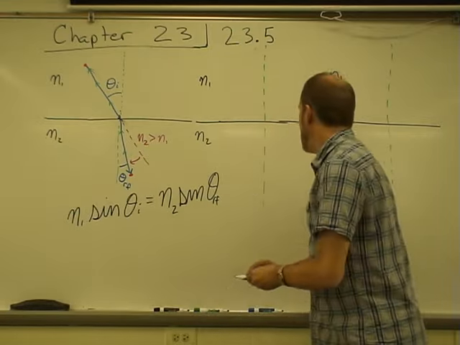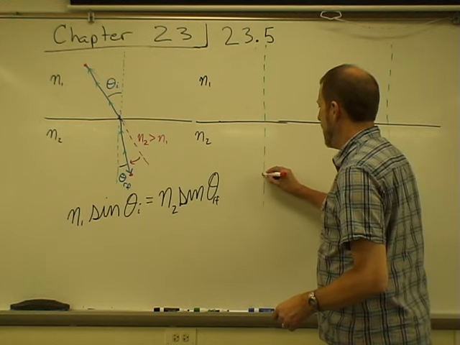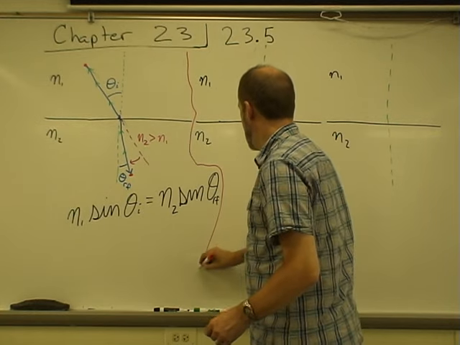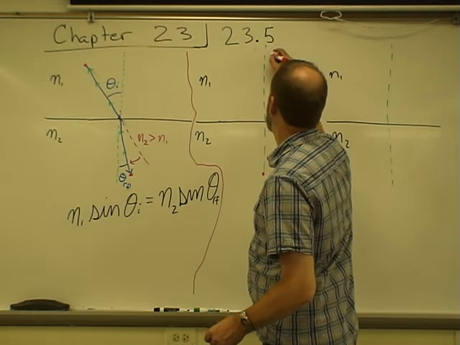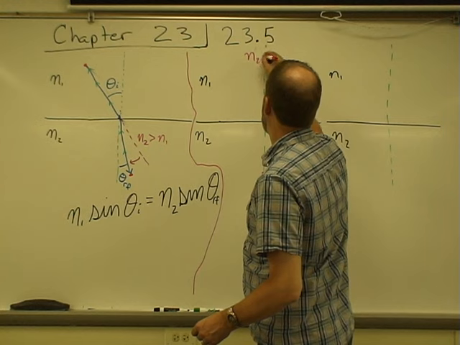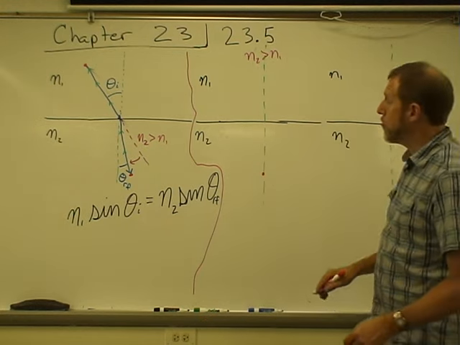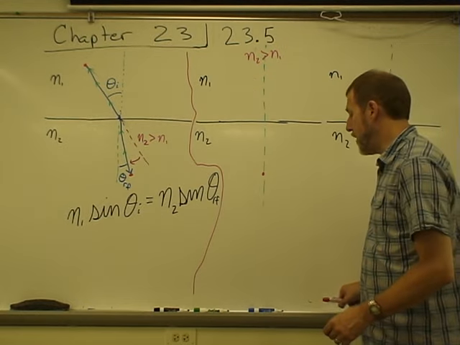Let's say that I've got some object, again, such that the index of refraction in 2 is greater than the index of refraction of this material in 1.